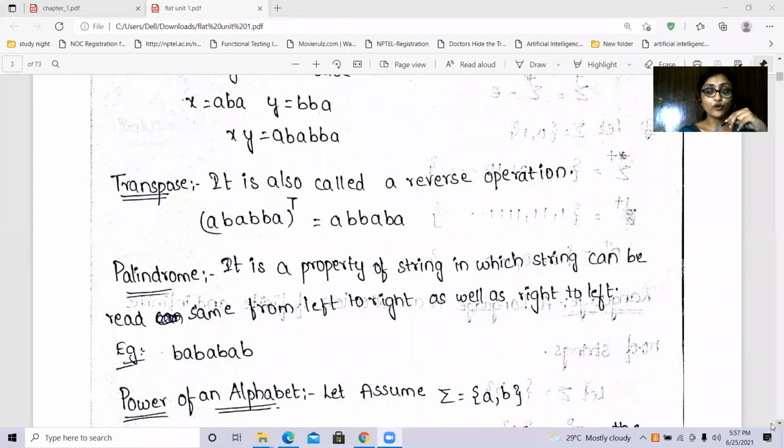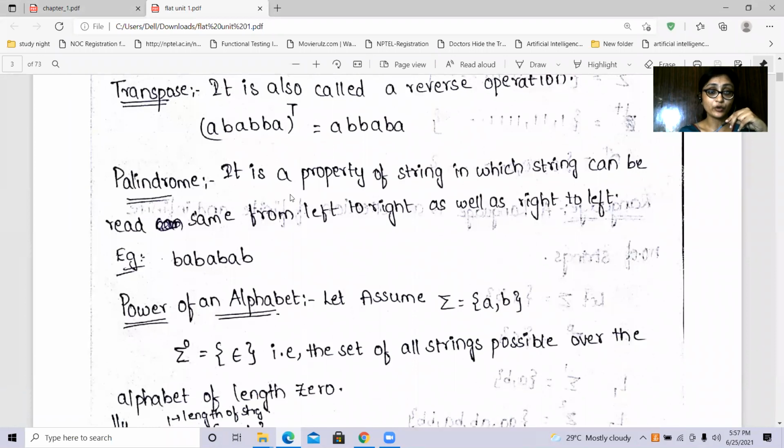And next, if we go to the next part, it is the palindrome. It is a property of the string in which the string can be read the same from left to right as well as right to left. That means it will be the same from first to last and from last to first. Here we can see BABABAB. If we write the reverse of this, then also we will get the same BABABAB.